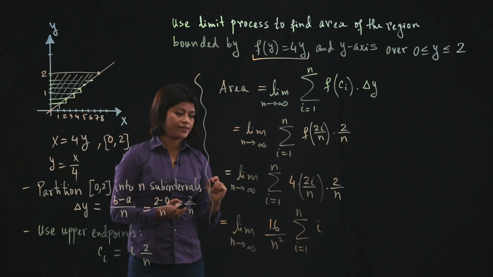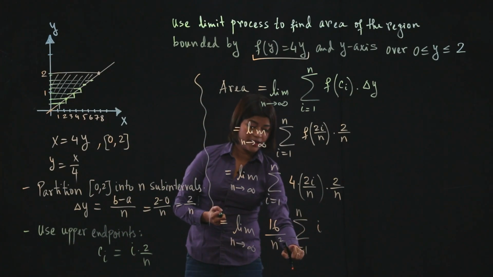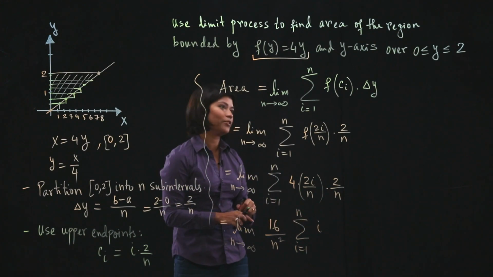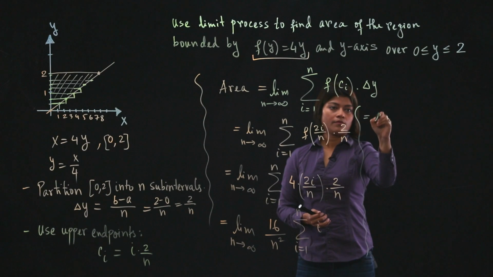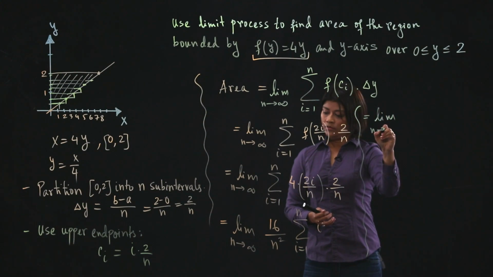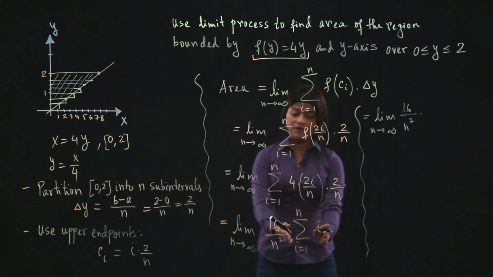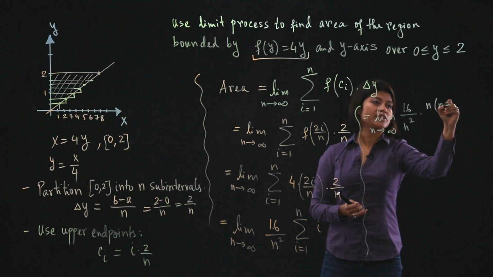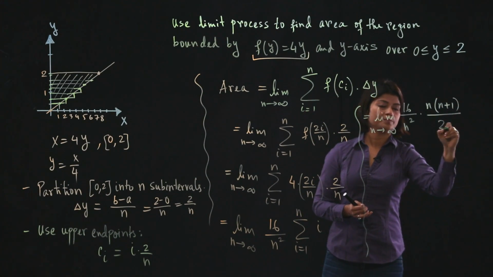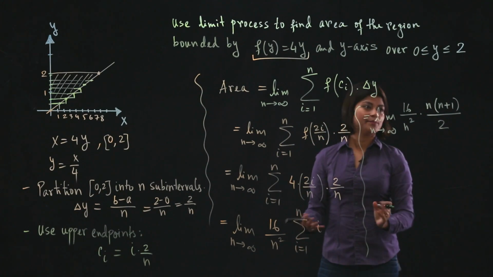Now think about the sum of i when i is 1 to n. We have a formula for that. The summation of i from 1 to n is n times n plus 1 divided by 2. Now that we have a nice formula, we don't have the summation anymore.